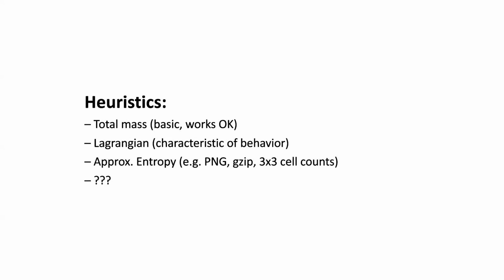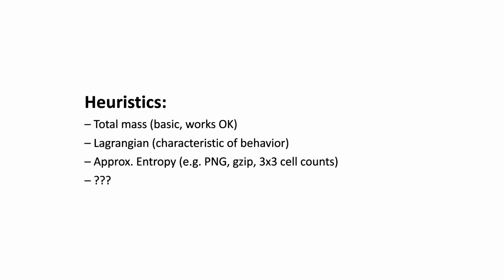And I'll show that using some of these, you can actually differentiate different creatures based on complexity, which is a very difficult problem right now: how do we have a good heuristic for what is interesting? So we can do something like total mass, which is probably the most common one used, which is, did it completely disappear, or did it explode and fill up the whole screen and not do anything super interesting?